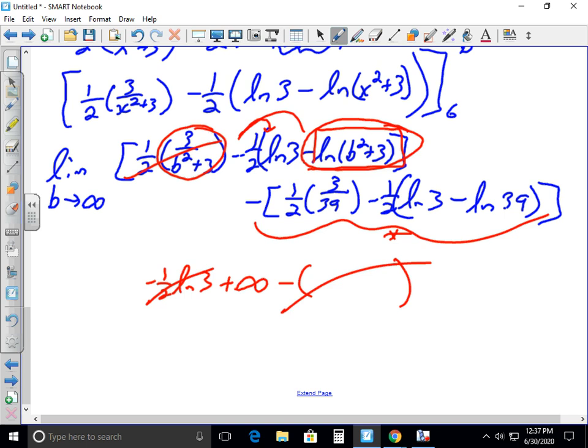Infinity plus something is still infinity. So that goes to infinity, therefore this one diverges. That one was messy because we had a messy integral to evaluate there.